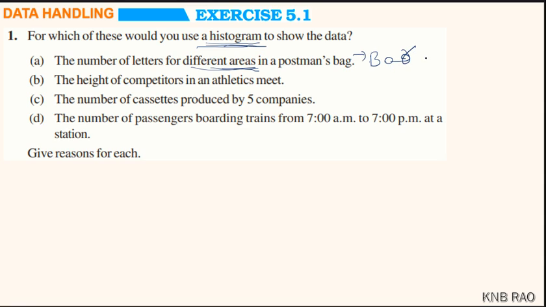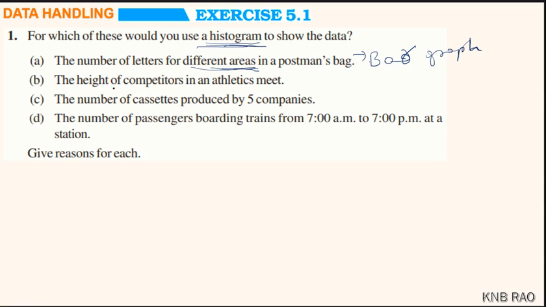Like in Bijapur, we have Solapur Road, Athani Road, Bagalkot Road. So different areas, and the number of posts they got for different areas. It will be convenient for drawing a bar graph, not the histogram.